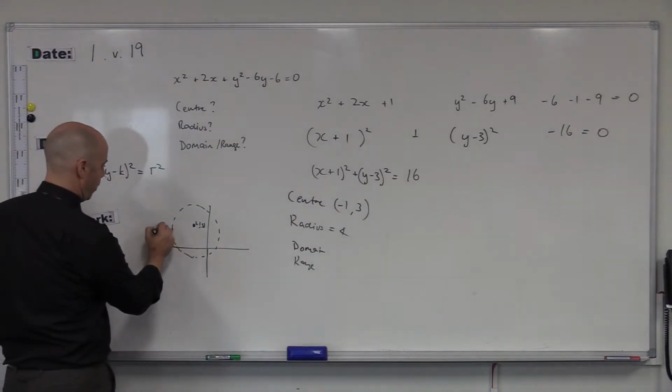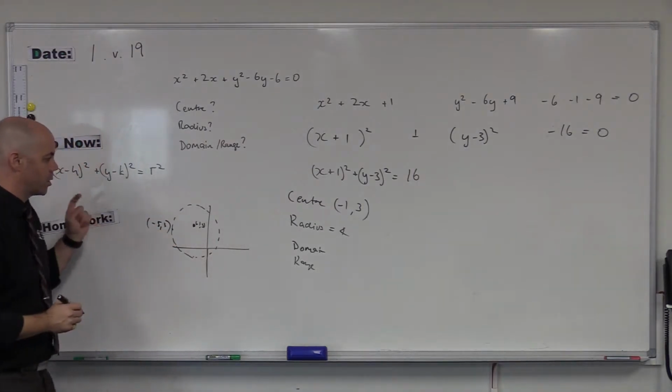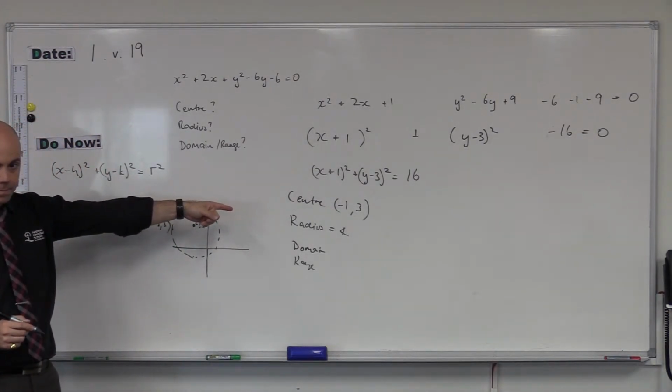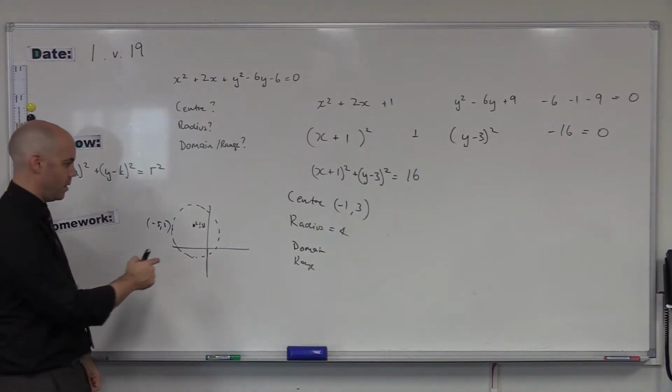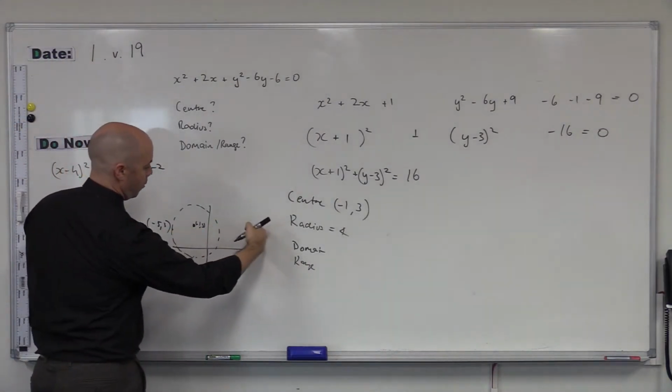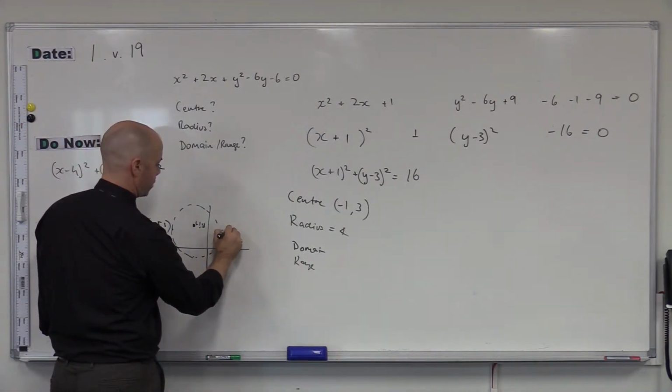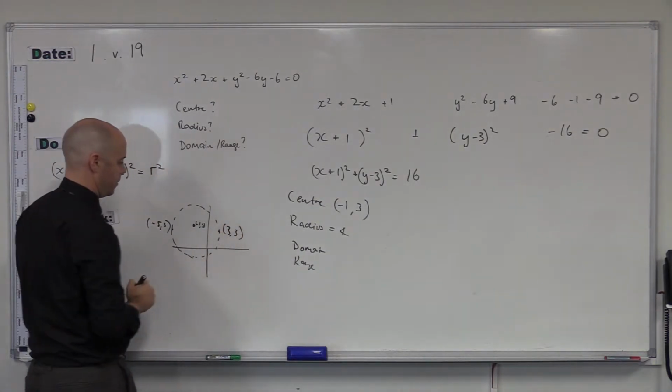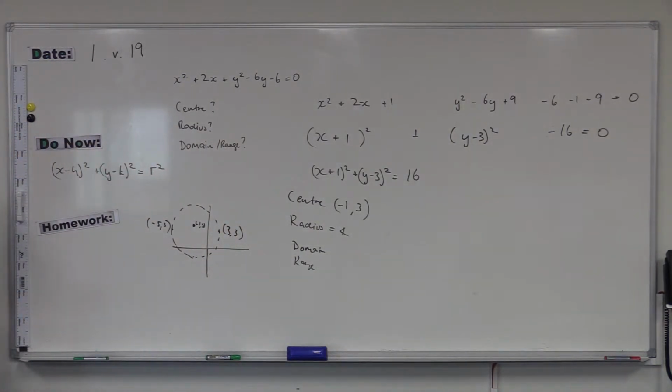So out here we've got a point that is (-5, 3). And what's the highest x can be? 3. Because again it's -1, and it's going to be 4 in this direction. So out here we've got a point that is (3, 3). Can x be anything in between those?